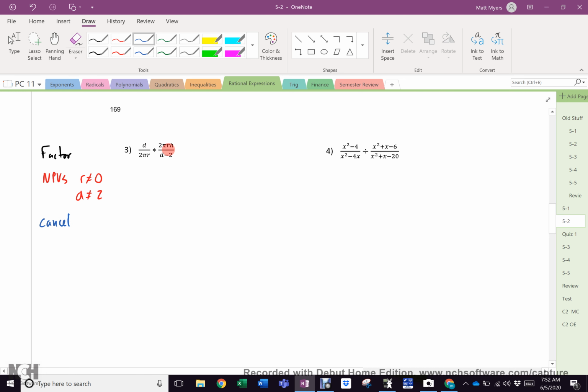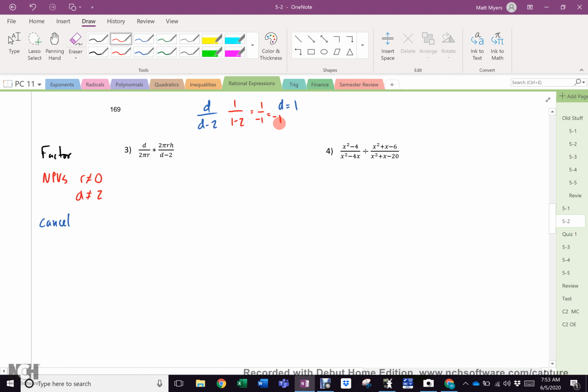Now some of you are going to cancel that d, and I'm going to tell you why that's not okay. D over d minus 2. You cannot do that. And I've shown you this in the past. I'm going to show you again. So just say d equals 1, right? So that would mean this would be 1 over 1 minus 2, which would be 1 over negative 1, which would be negative 1.